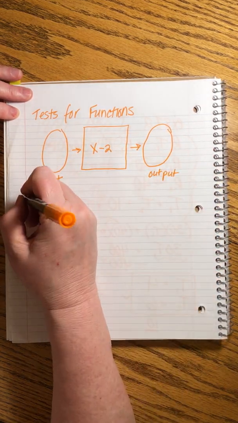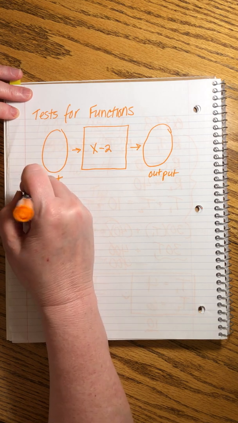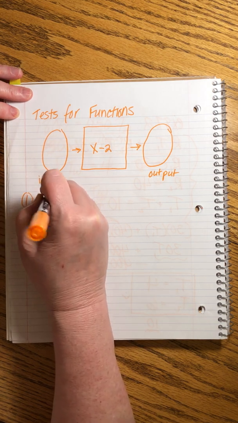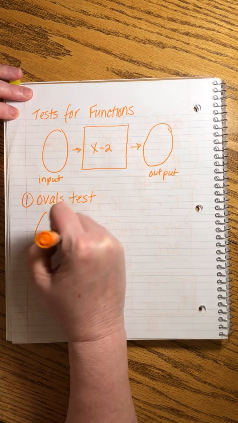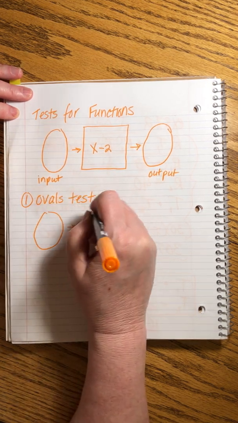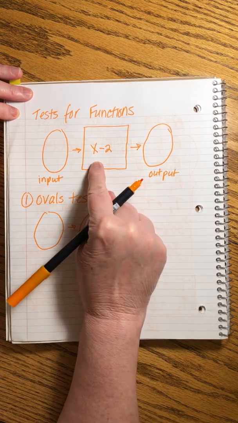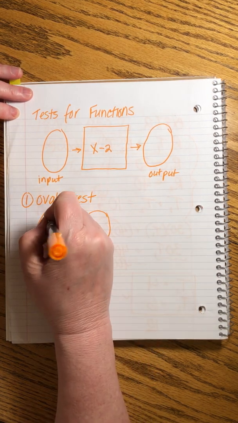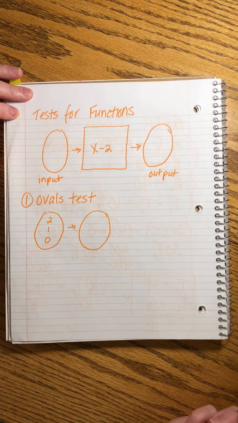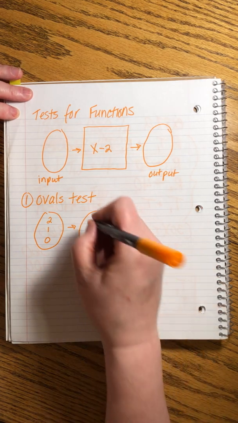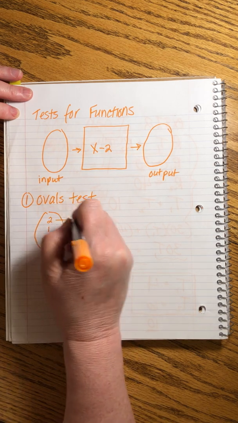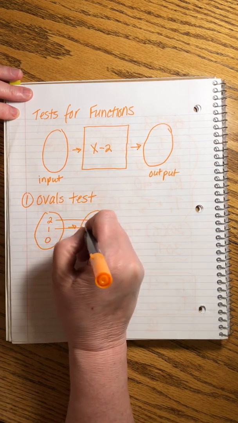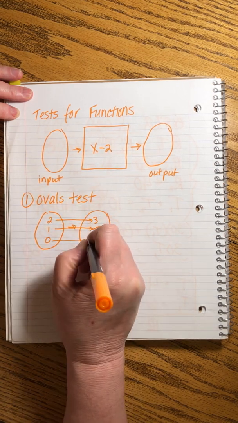But John has this shorthand way of showing it, what I call the ovals test. That is not John's name, that is my name, because he does something like this. He doesn't show us the function, he just gives us some inputs, and then he gives us some outputs, and he does this thing where he draws the line that connects them.